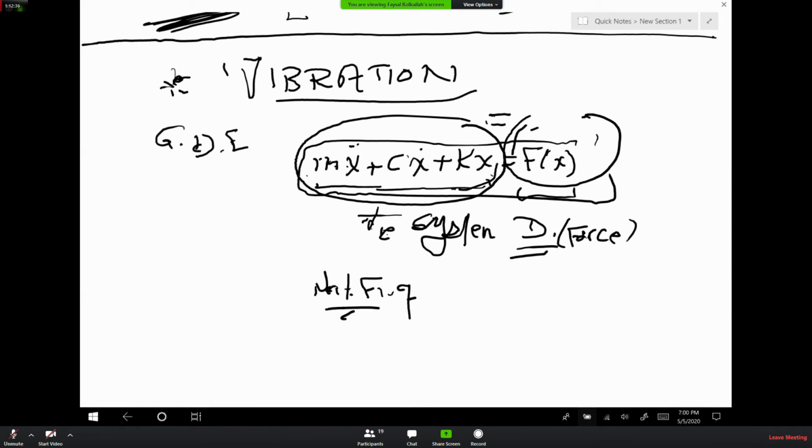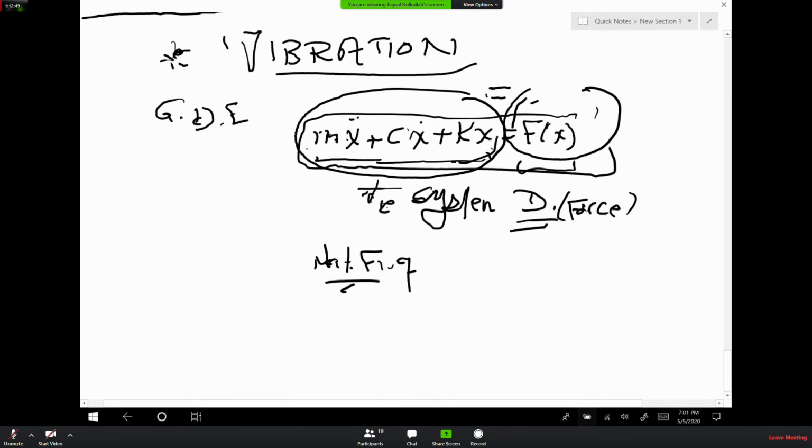Because the deflection of the system goes to infinity. So really, the problem of vibration is that we should be able to calculate the natural frequency of the system and of the force. When we know the natural frequency, we make sure that they are not equal.